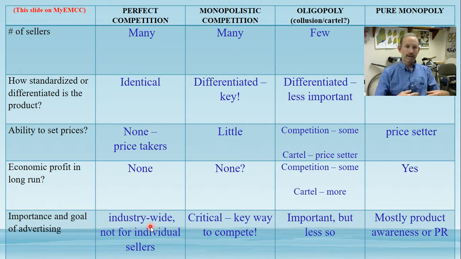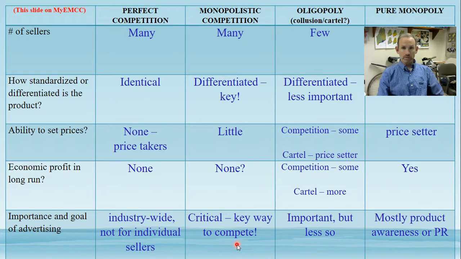So you might see an ad on TV, for example, for drinking milk. Milk is really good for you. That's all those dairy farmers banding together and promoting their product as a unit. Or you saw for a while there was beef, it's what's for dinner. That was like the Cattlemen's Association or somebody trying to push the industry. So you see industry-wide advertising, never for an individual seller.